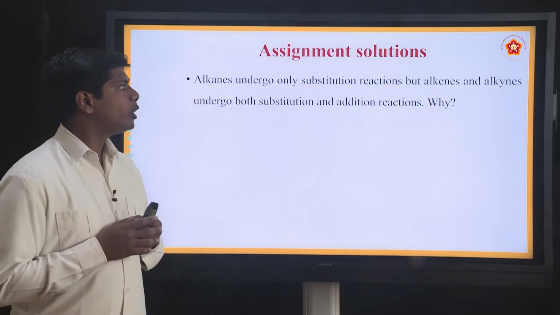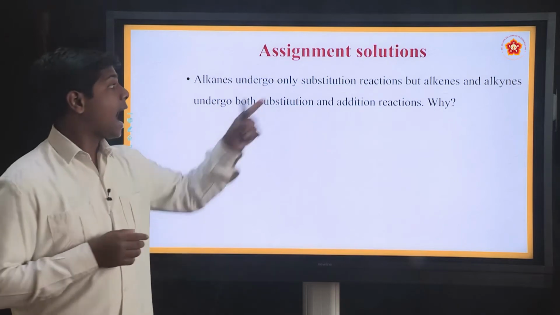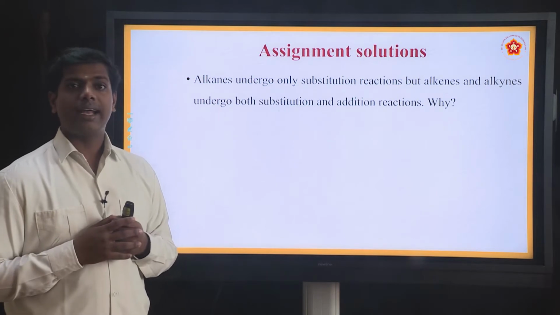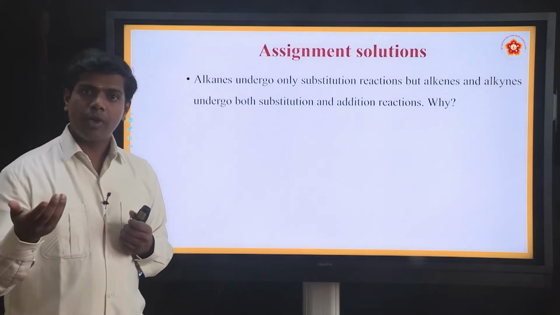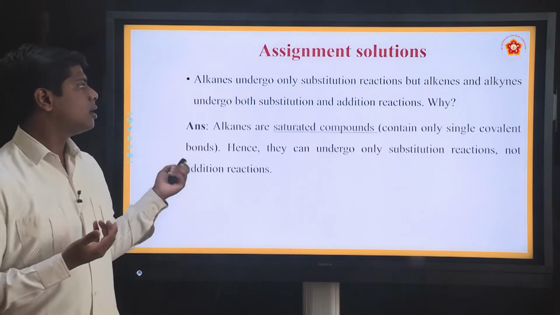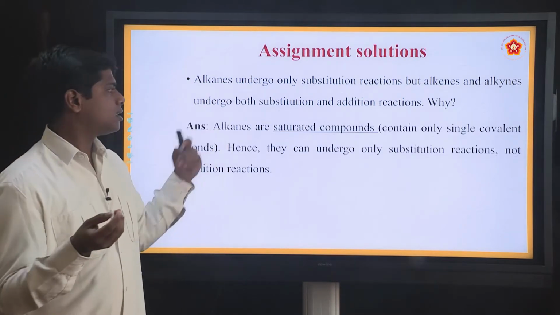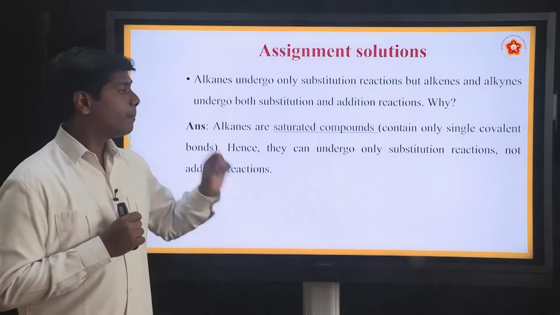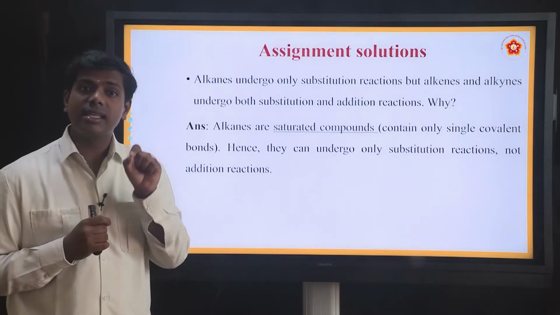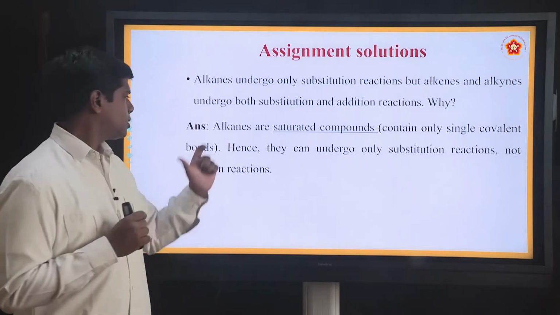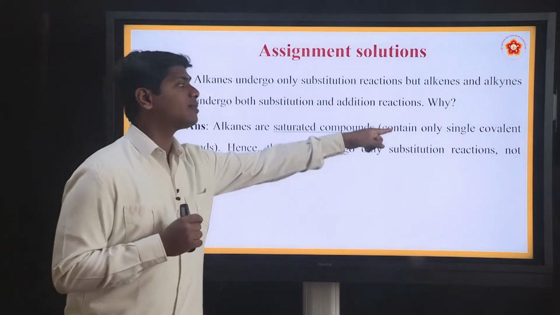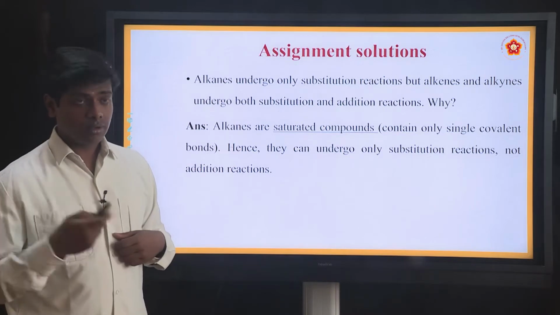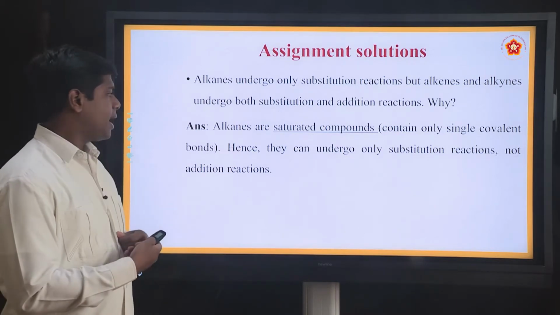Alkanes undergo only substitution reactions, but alkenes and alkynes undergo both substitution and addition reactions. Why? I hope you have answered this question. If you have not, please note it down. Alkanes are saturated compounds, which means they have only single bonds between the carbon atoms, hence they undergo only substitution reactions, not addition reactions.